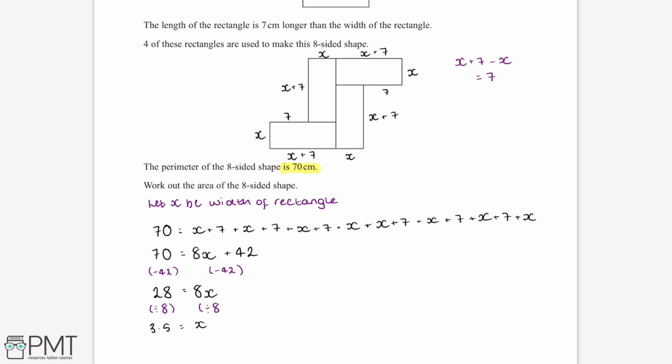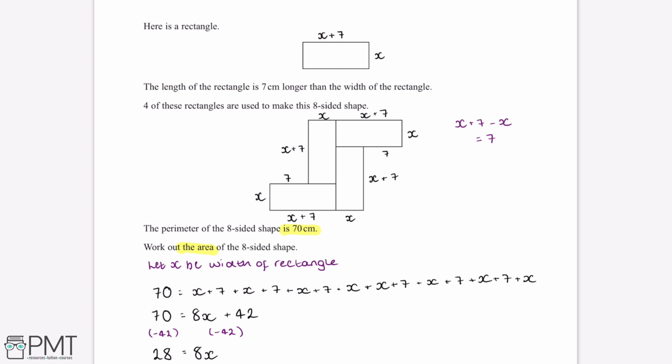Now the final part of this question is to work out the area of the 8-sided shape. We've been told that 4 of these rectangles make up this 8-sided shape. So we can multiply the area of this rectangle by 4, and this will give us the area of this shape here.